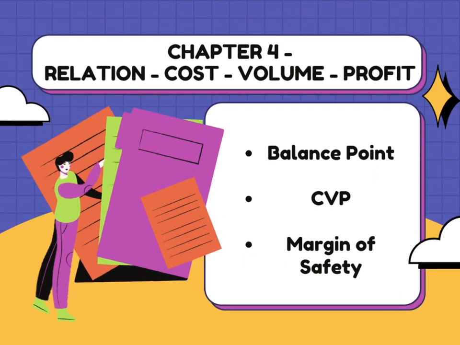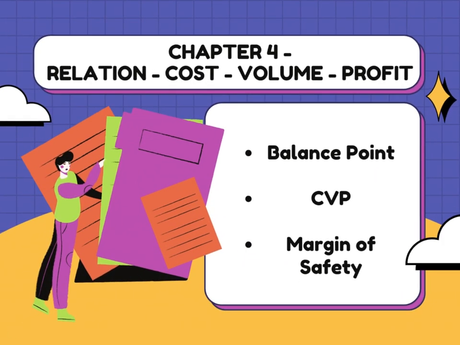In other words, it is the difference between current or projected sales and the level of sales at which a business neither makes a profit nor incurs a loss. The safety margin provides a cushion or buffer against unexpected variations or downturns in sales.